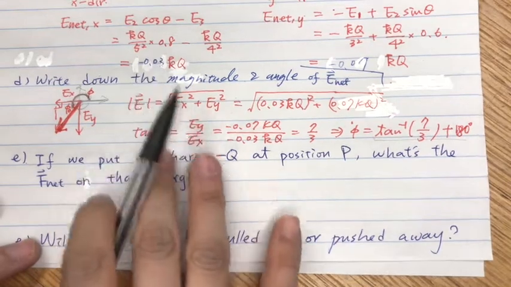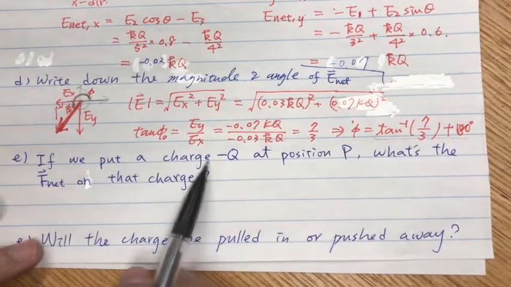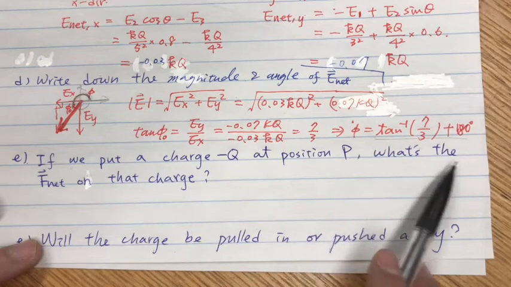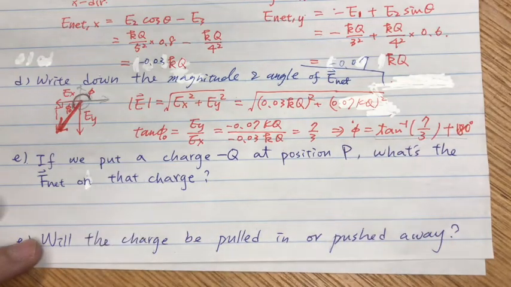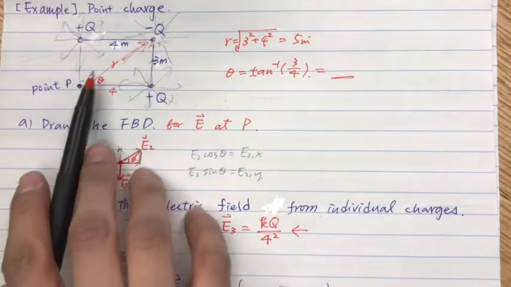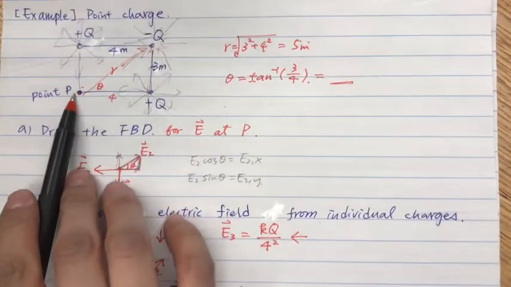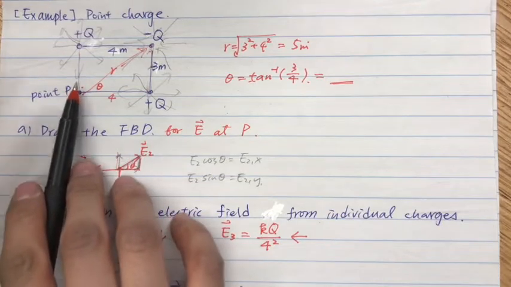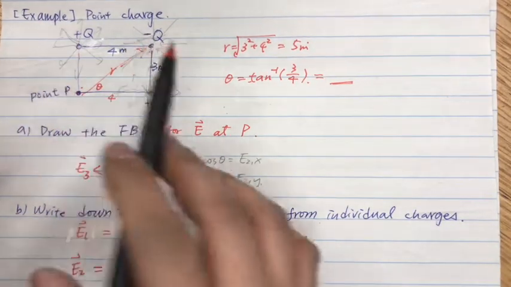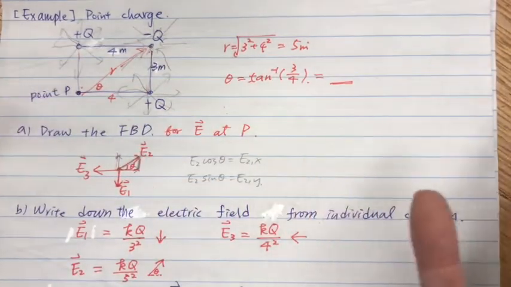Alright, so this is the idea. Now if we put a negative charge at this position P, what's the net force on that charge? So let's see. If now I put a negative charge, this negative charge has attraction here, has attraction here, has repulsion here. But totally, what would happen to this charge?